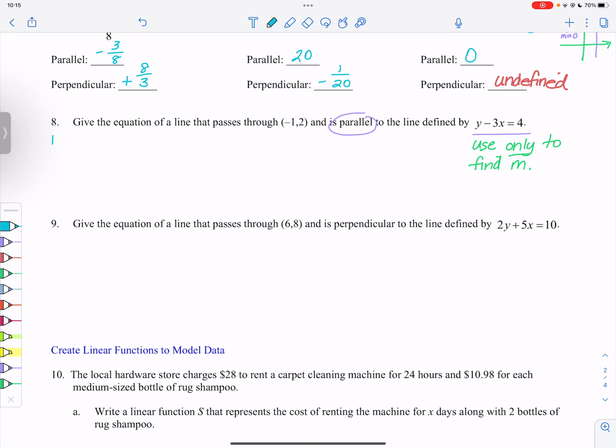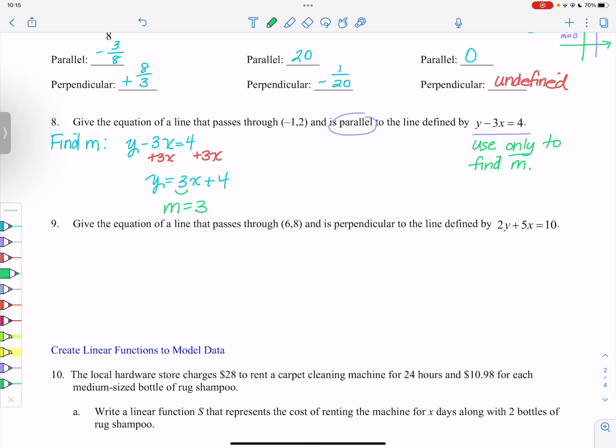So let's first find the slope of our new line, and all we're going to do is solve this for y. So we're going to add 3x to both sides, and we have y = 3x + 4, and what do you notice? The slope is 3. This is the slope of the new line.